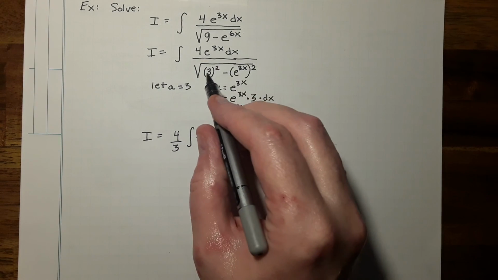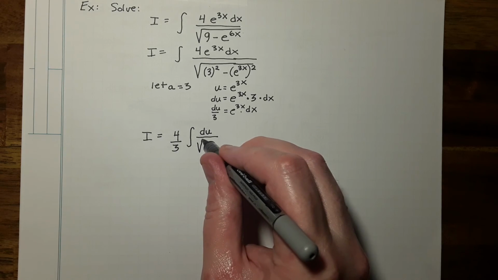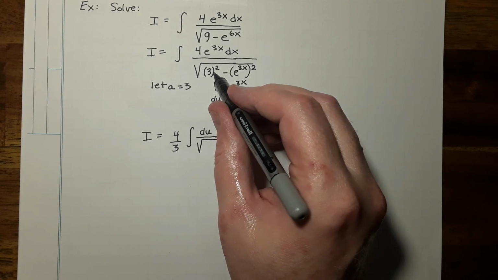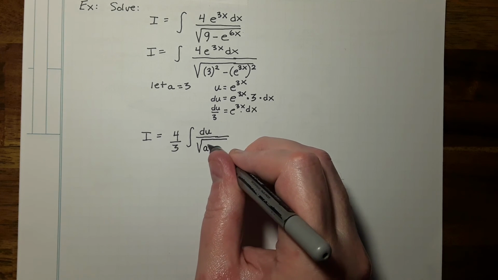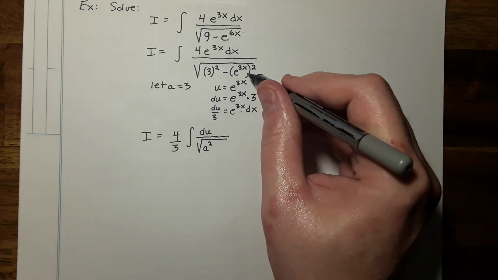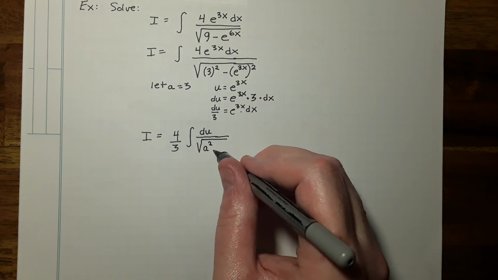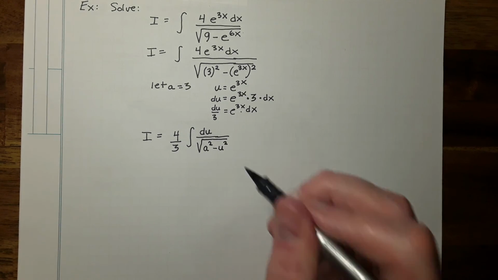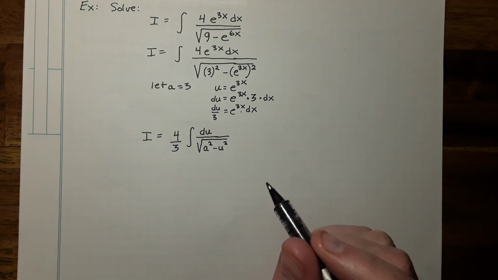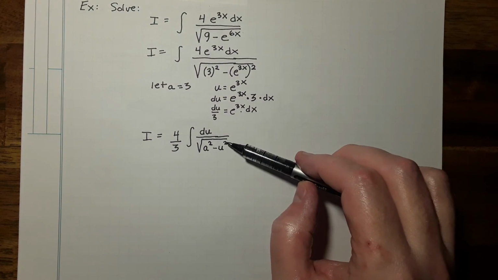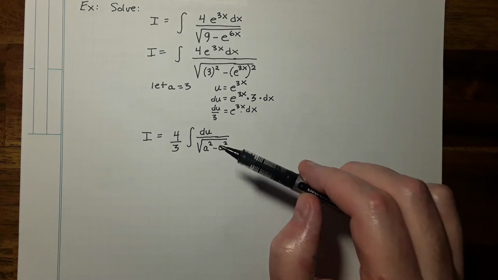In the denominator, we did not touch the square root. It is still there. 3 was replaced with a, so we end up with a to the power 2. And the e to the 3x in that denominator is replaced with u. So we have u to the power 2.